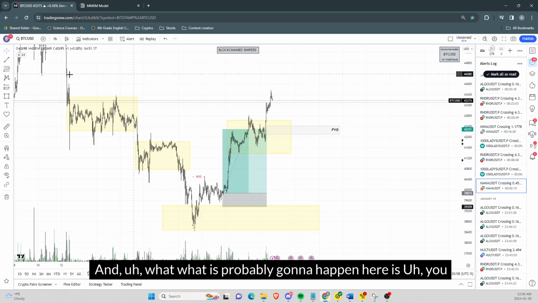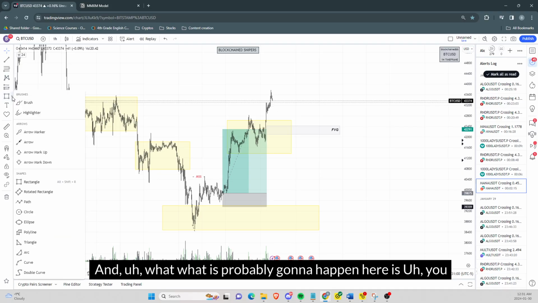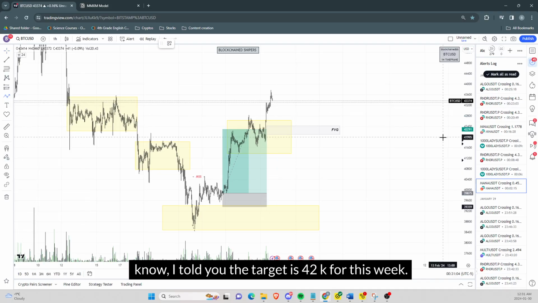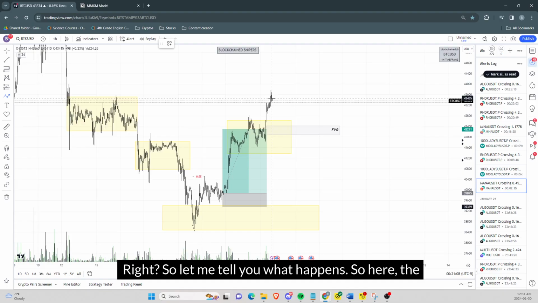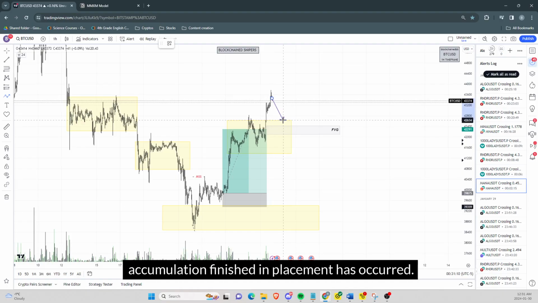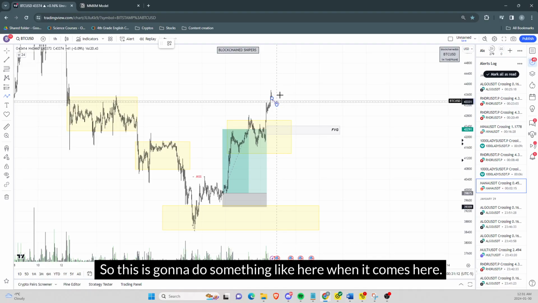And what is probably going to happen here is, I told you the target is 42K for this week, right? So let me tell you what happens. So here the accumulation finished and displacement has occurred. So this is going to do something like here.